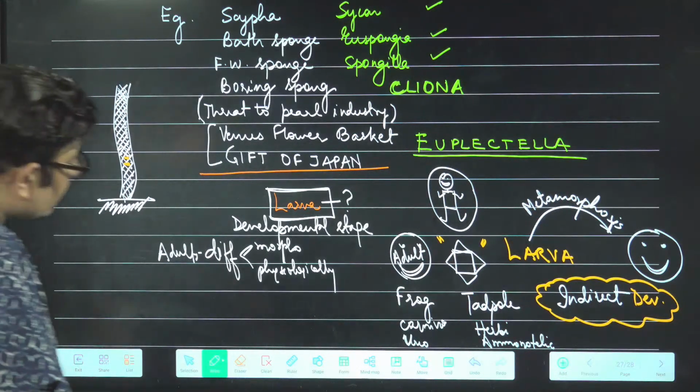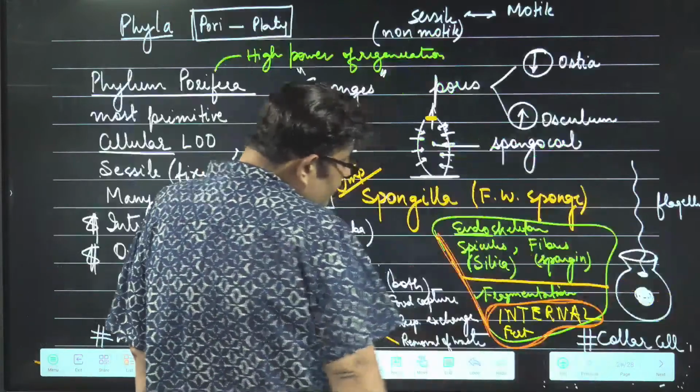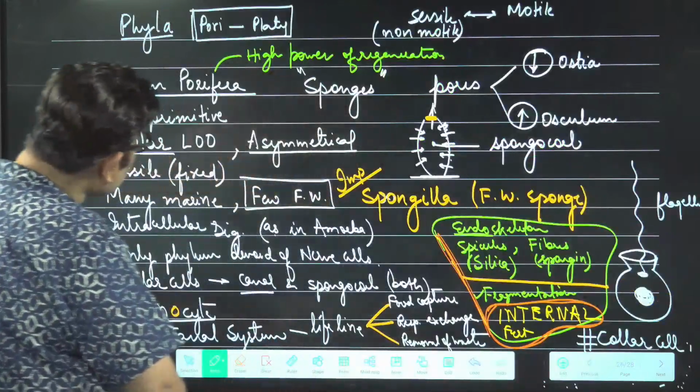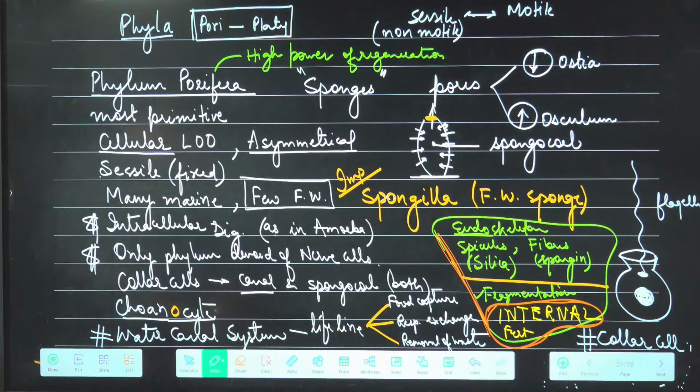And this is about the development. I think all points are done, and with this we come to the end of Porifera. Not even a single point I have discussed is from outside NCERT, except two points like Cliona killing and Euplectella, such a beautiful thing associated with it. So I know you will not forget that. The only thing I have added is that it is an endoskeleton, which is not mentioned.